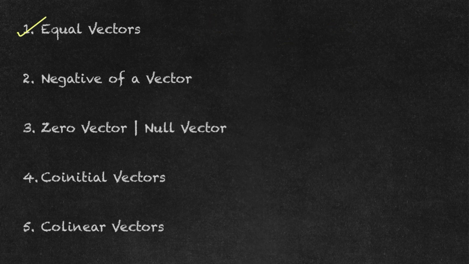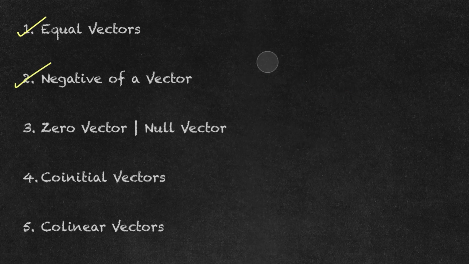Suppose there's a vector A and if there's another vector which has same magnitude but opposite in direction with vector A, then this vector is called the negative of a vector A, and we can write this vector as minus vector A. The minus sign represents that it has opposite direction.